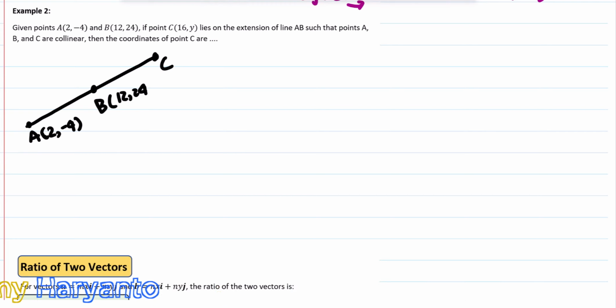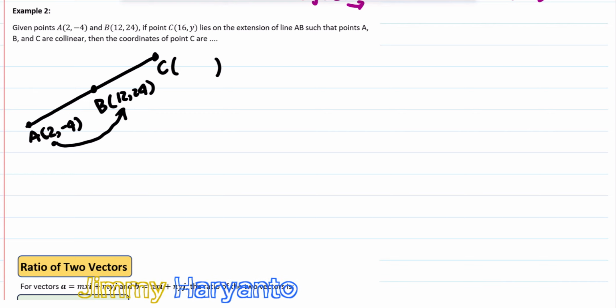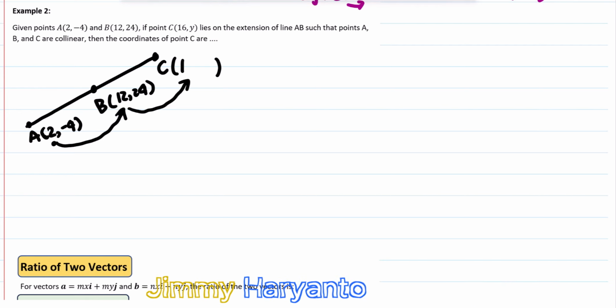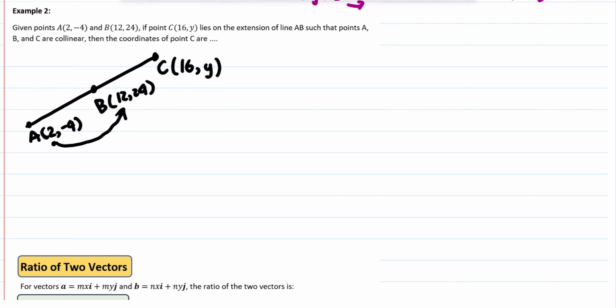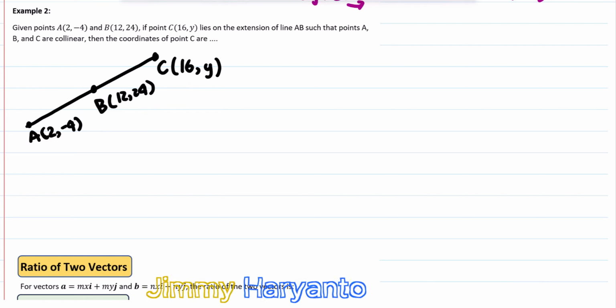But you can determine the side of C from the x. The x is 16. That means this one is 2, this one is 12. Increasing to become 16, it has to be right there, yeah, (16, y). So I will know that C is on the right side of AB.